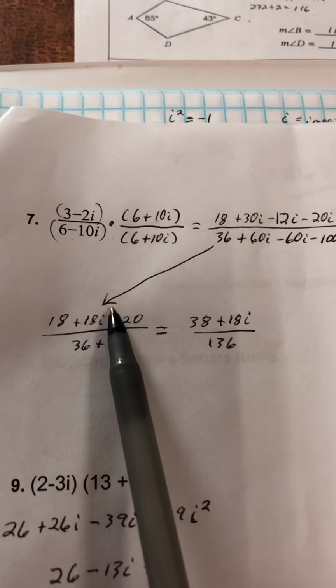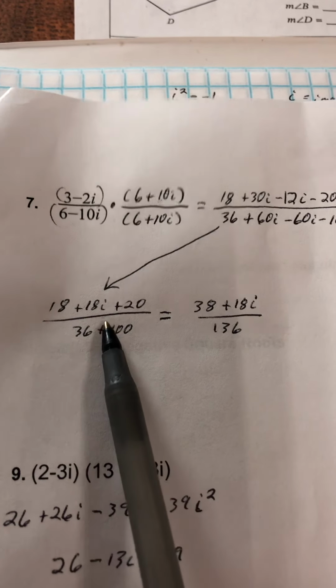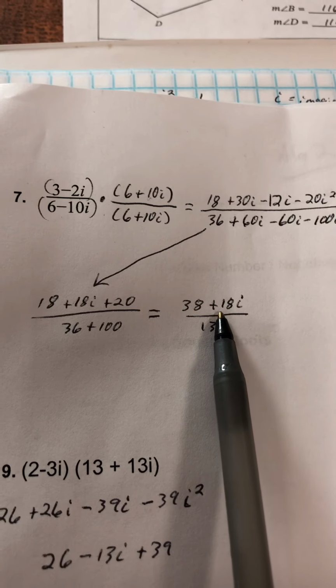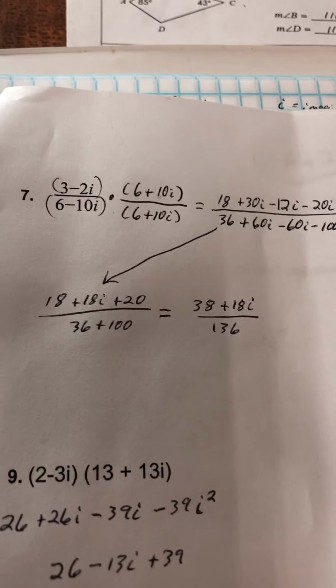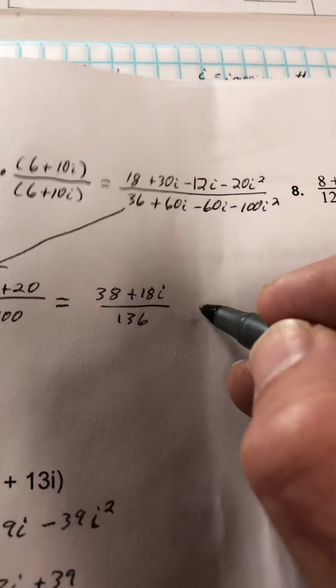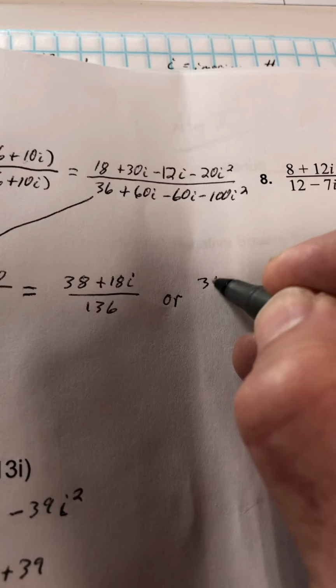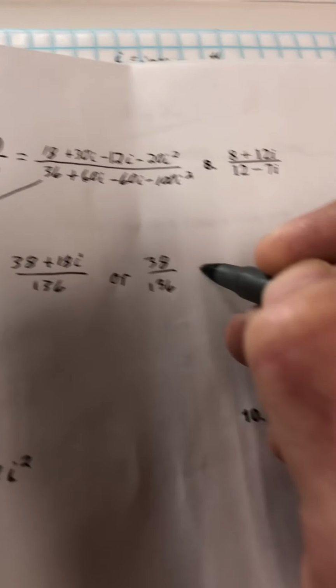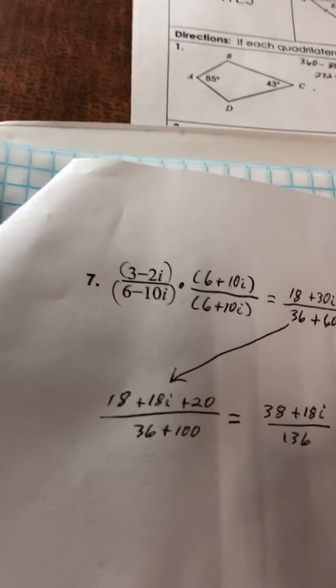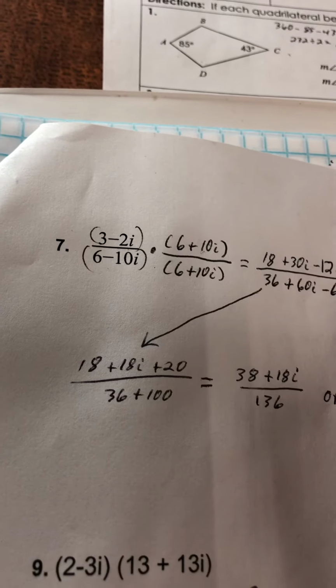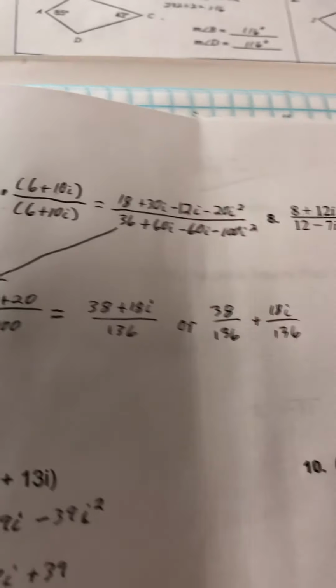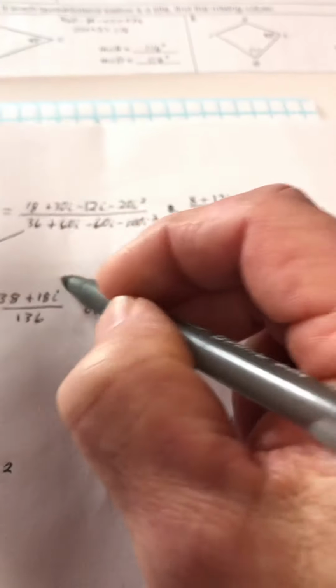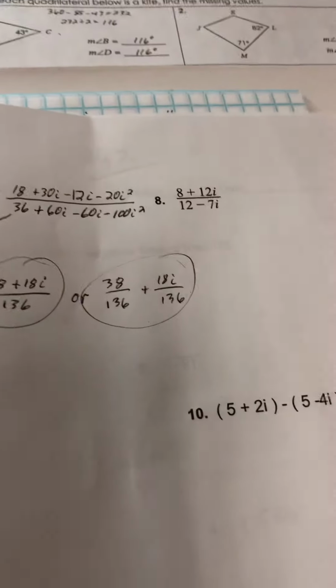I combine my like terms, and then I just continue to do so, and it's simplified. You could go further and have your 38 over 136 and maybe simplify that, and 18i over 136. You could leave it like that or like that.